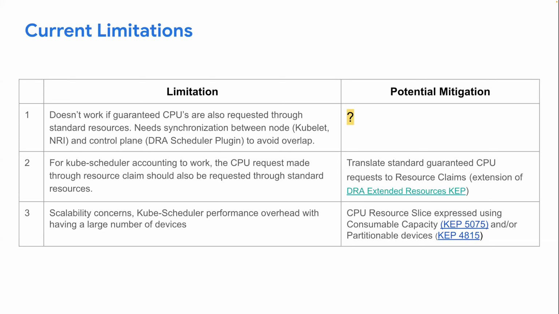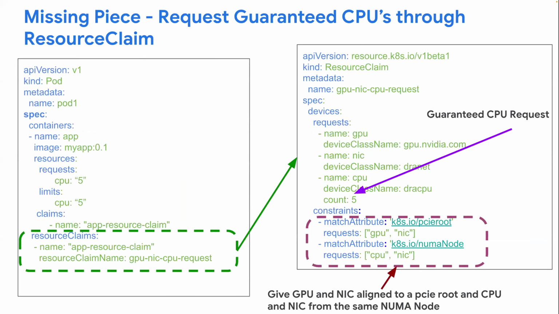That brings us to the second limitation that I've mentioned here. We need the request in the resource claim to match the request made through standard resources, to make sure the accounting on the control plane side doesn't break. In the example here, I'm requesting 5 CPUs through the resource claim, but we also need to request the same amount through the standard resources, so that the scheduler knows how much CPU is available for the best effort workload pods that could be scheduled on a node.